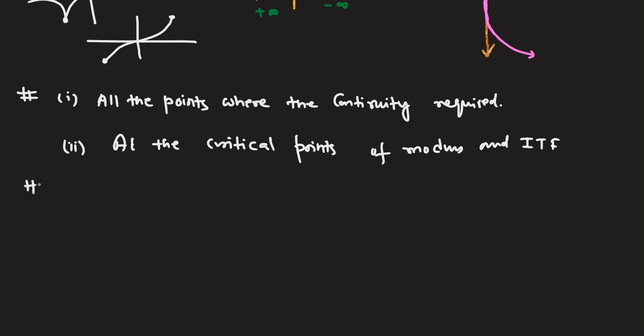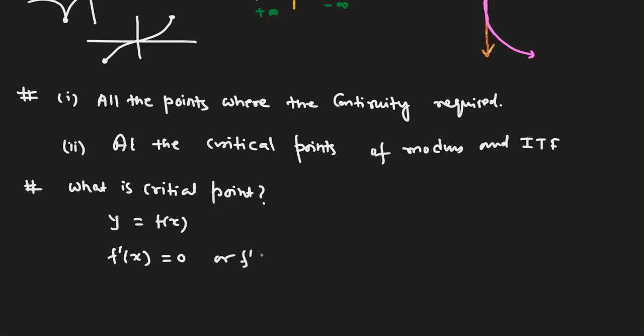A critical point is a point where the first order derivative is either 0 or not defined. Suppose y equal to f(x) is a function, then critical points are those points where f dash x is 0 or f dash x is not defined. Those x are called critical points.